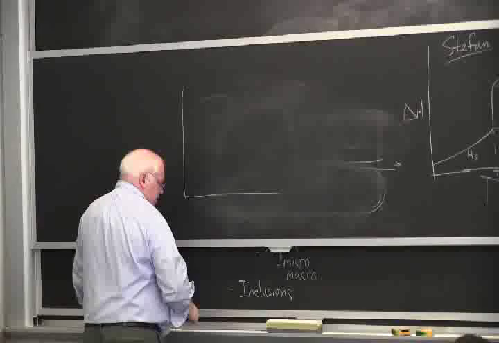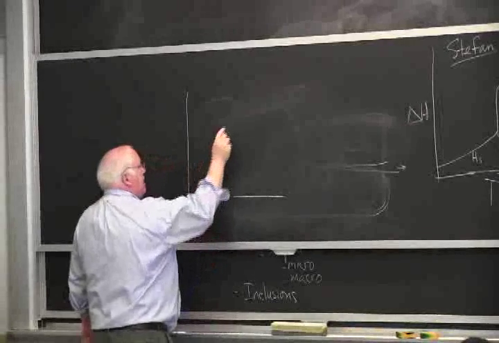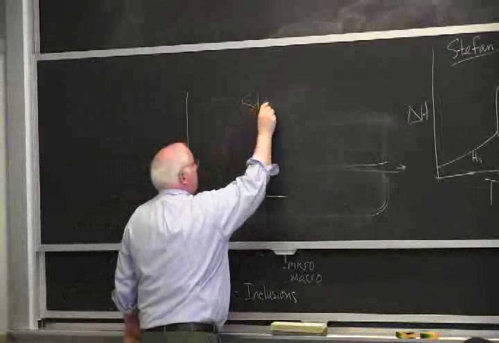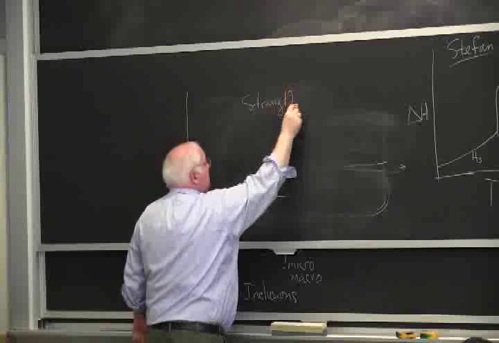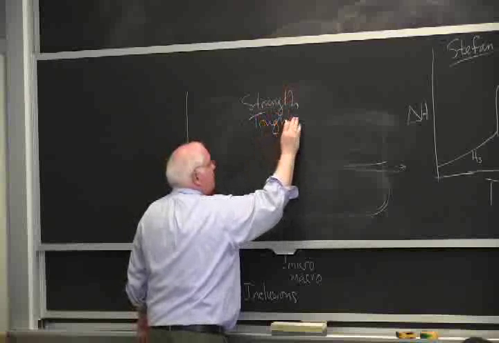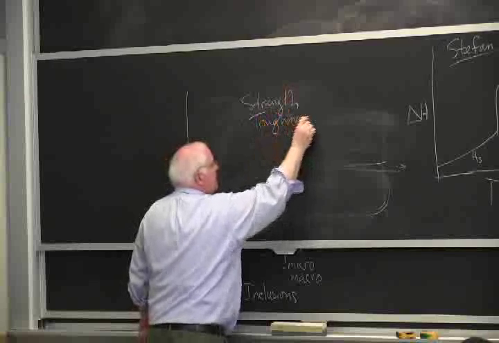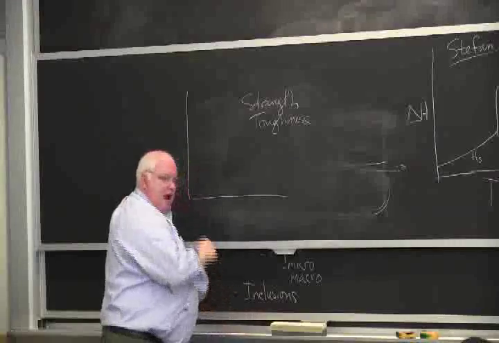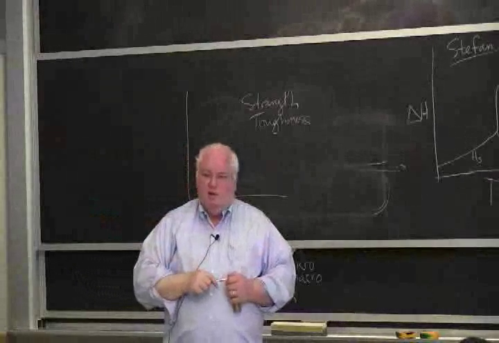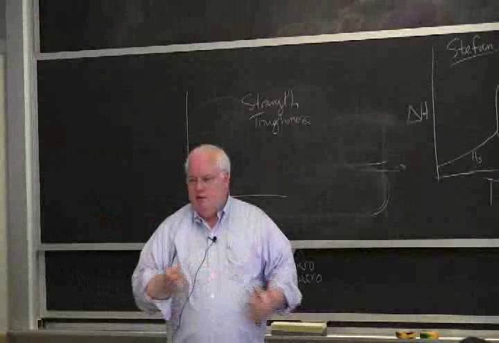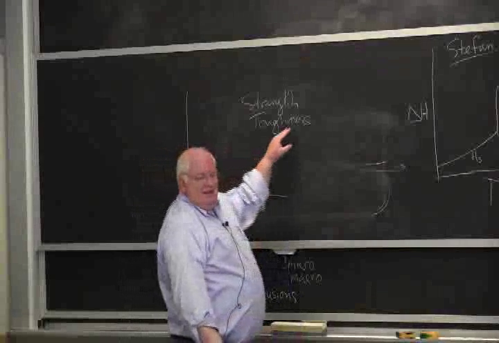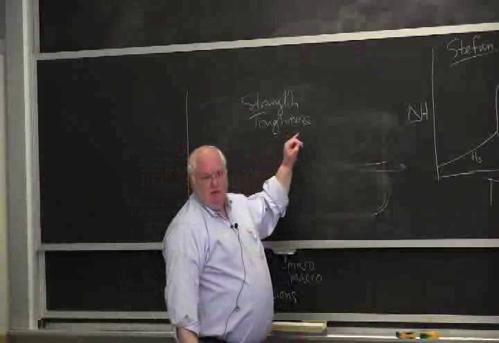Strength and toughness are the two properties that we're interested in. Strength is the force of fracture. I'm just going to measure how much force it takes to break something. So we talk about the yield strength of the material, and it has to meet some minimum value. Toughness is the energy of fracture.